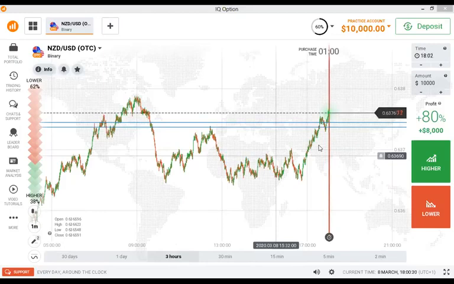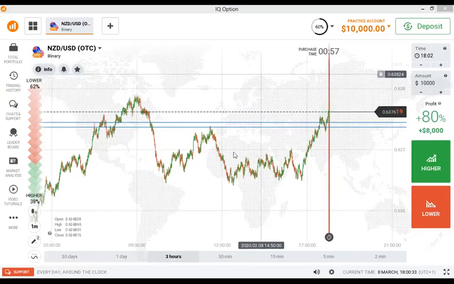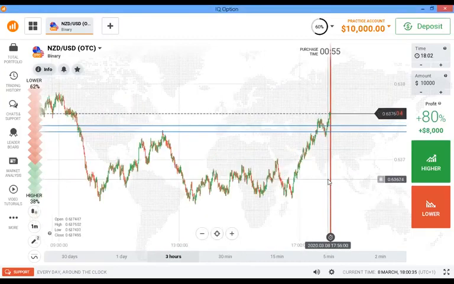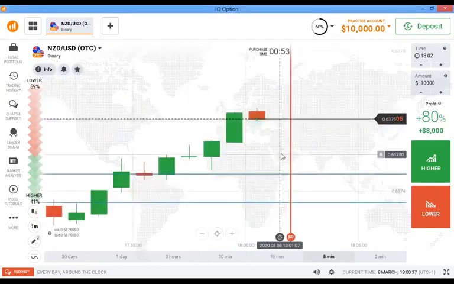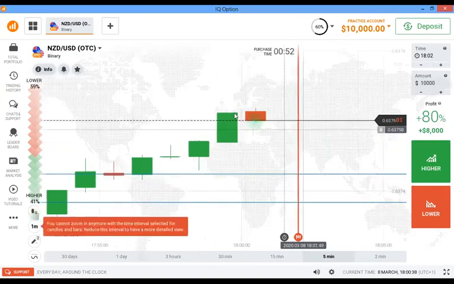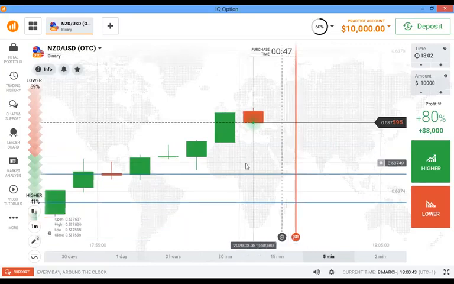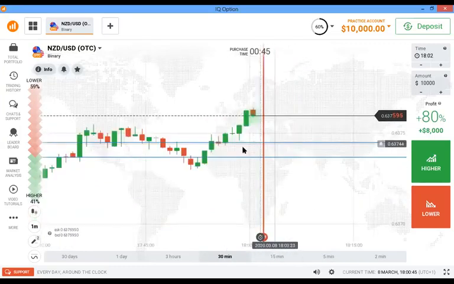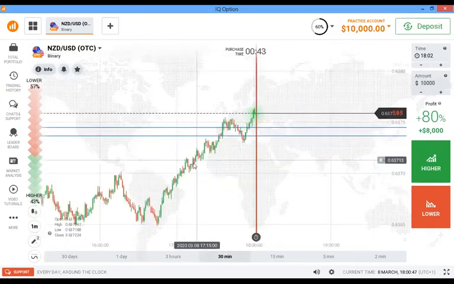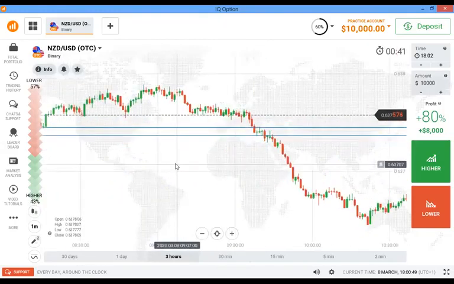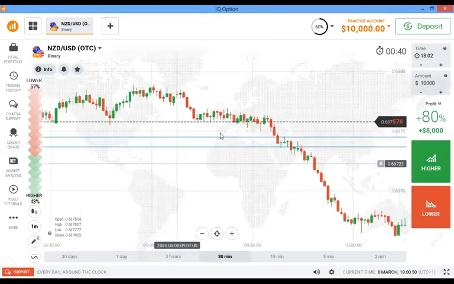Okay, levels for the current price. Now I have 50, 40 something seconds. Okay. Now I'm seeing a bearish candle forming. I'll quickly go to the left side. Here.